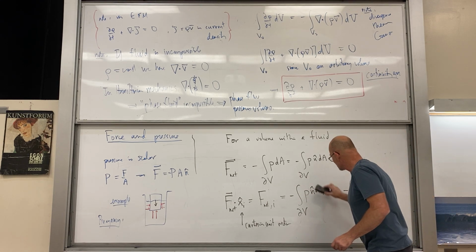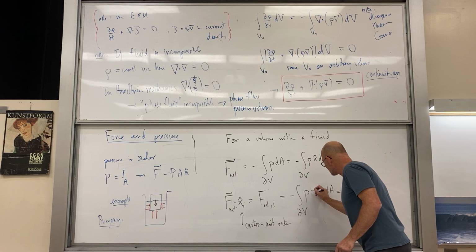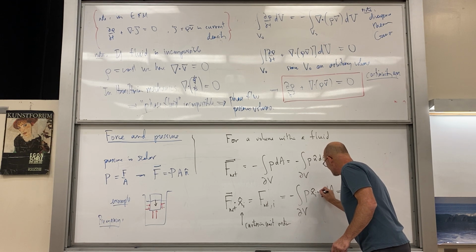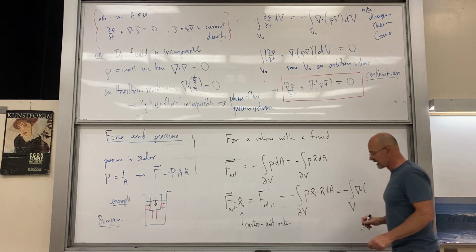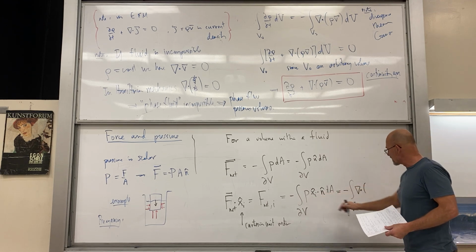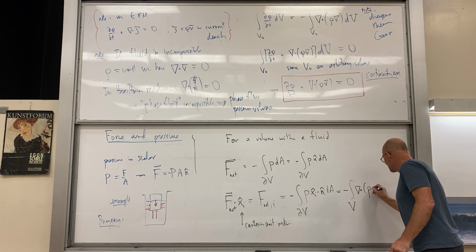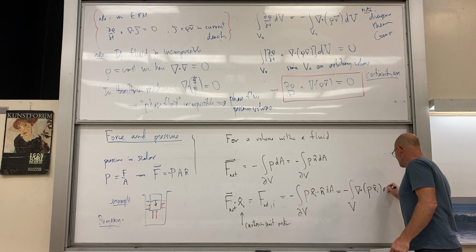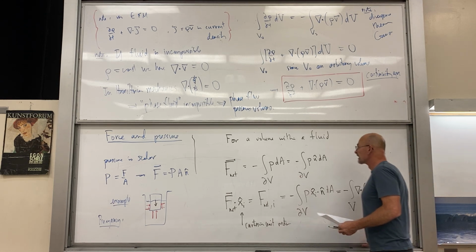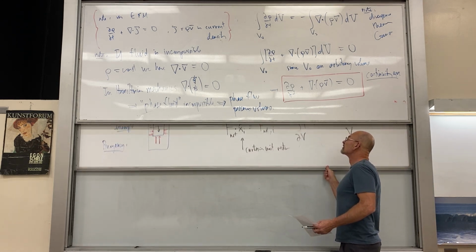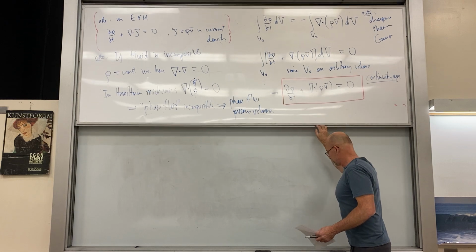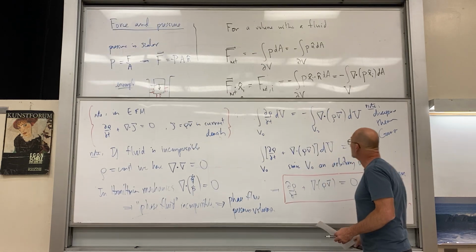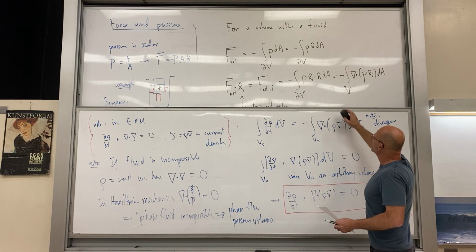I could put these in this order as well: xi hat dot n hat, because then this is the vector I'm talking about. So divergence of P xi hat, d volume.